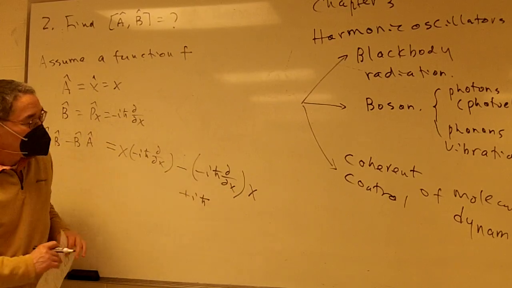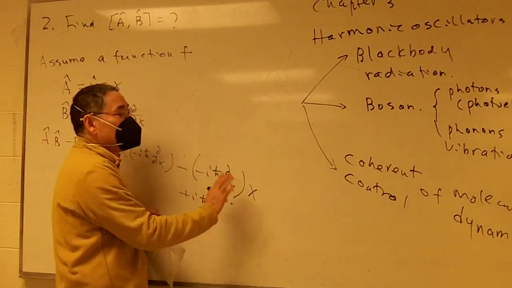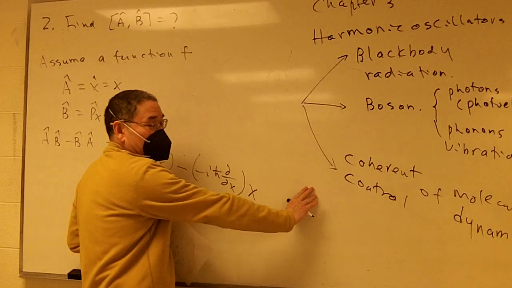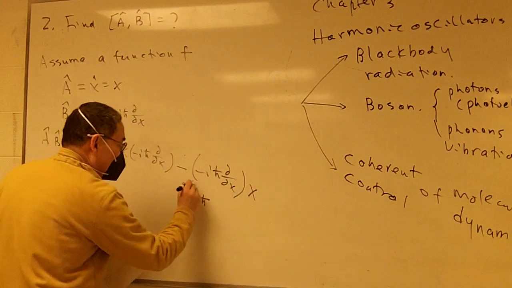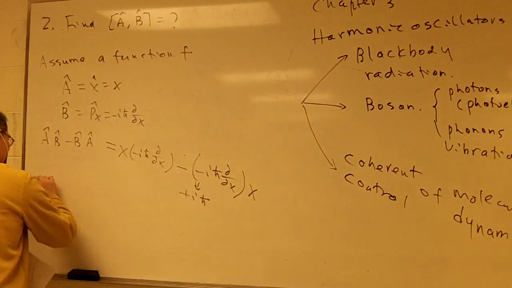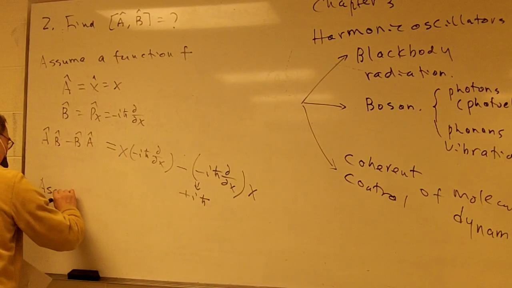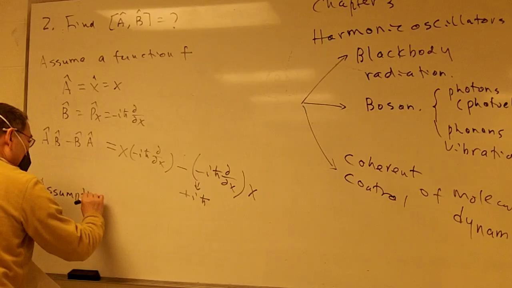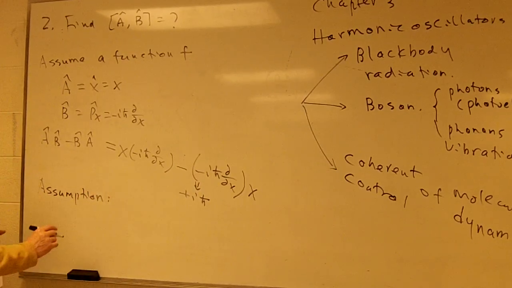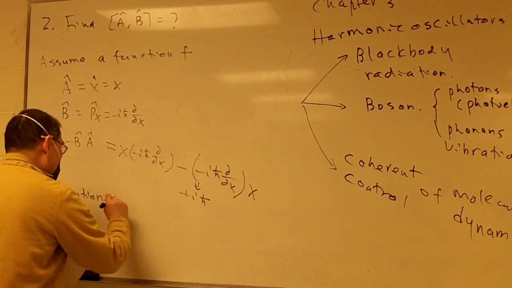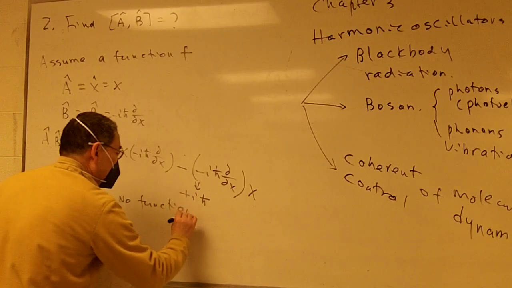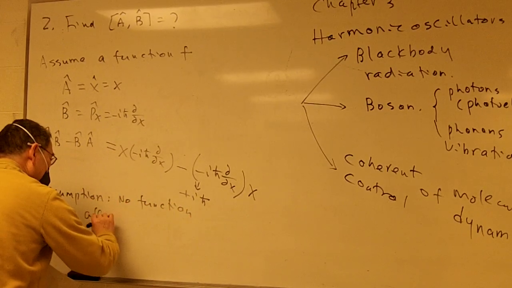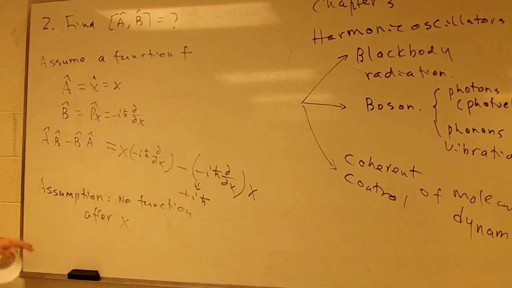In other words, when you did this, you are assuming the remaining terms are all constant. Let me write this down. If you do it like this, you have an assumption. There's no function after x. So this is the assumption.